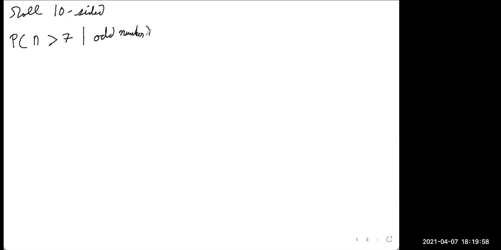Okay, and I need to state how many times we roll this. Just once. So let's roll it once. What's the probability that we roll a number greater than 7, given that we've rolled an odd number?